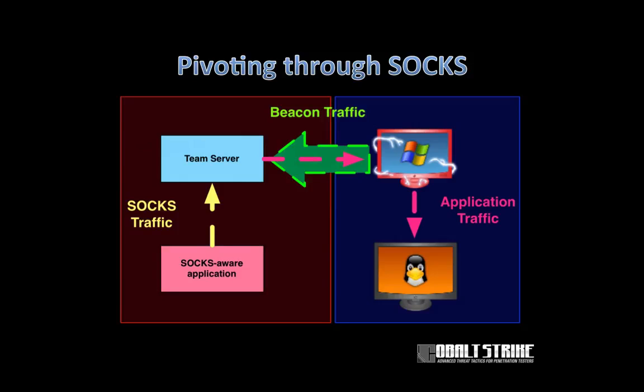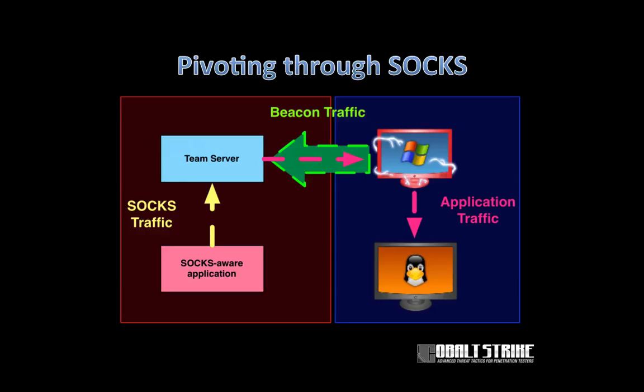Now, let's talk about pivoting through SOCKS. Here, we have a Windows system calling back to the team server interactively. We spin up a SOCKS proxy server on the team server that is tied to that Beacon session. Any proxy-aware application will connect to that SOCKS server on our team server, and the SOCKS protocol will tell the team server where it should initiate a connection on behalf of that SOCKS-aware application.